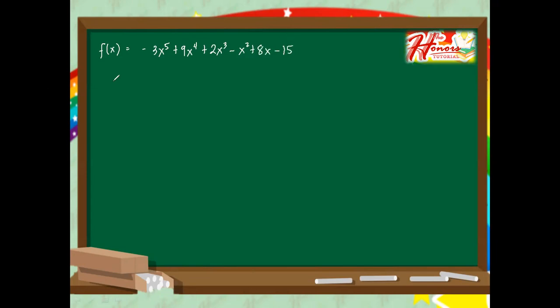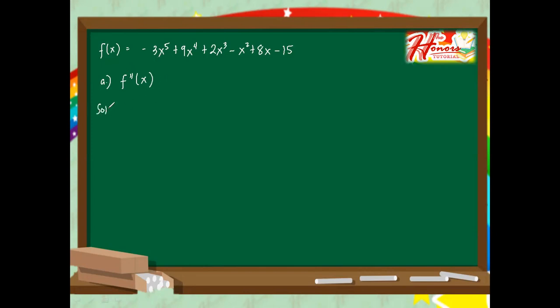So we are tasked now to look for the second derivative of x. Usually, we're just seeing f prime of x, meaning this is the first derivative of x. But now we are going to have the second derivative. Okay, so this is how you are going to solve for it.